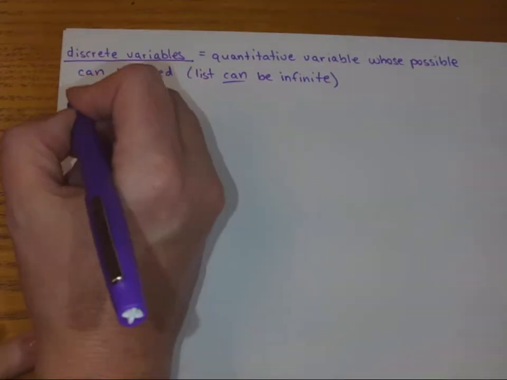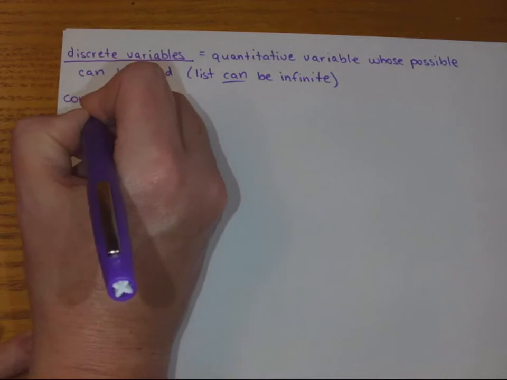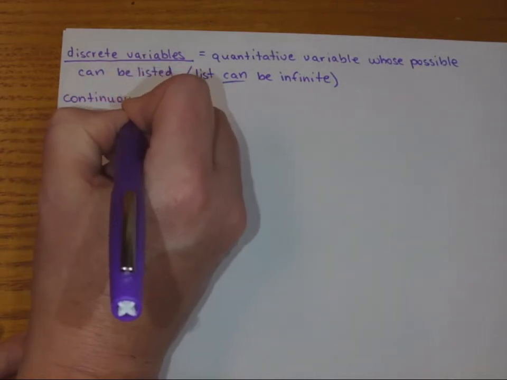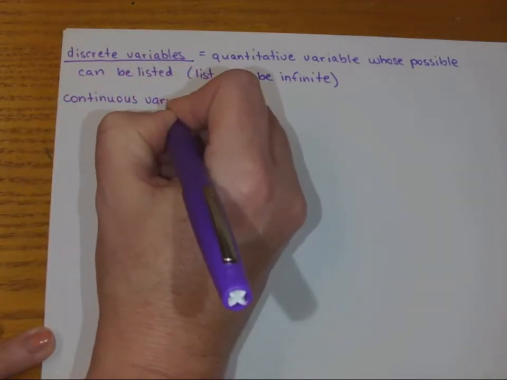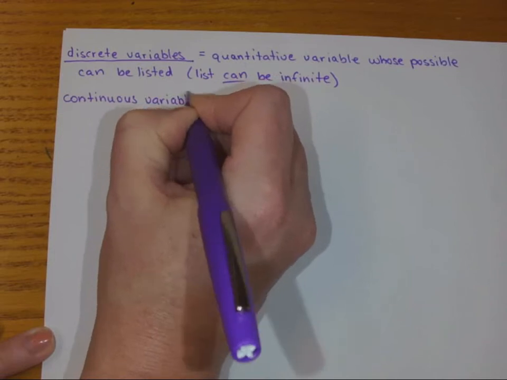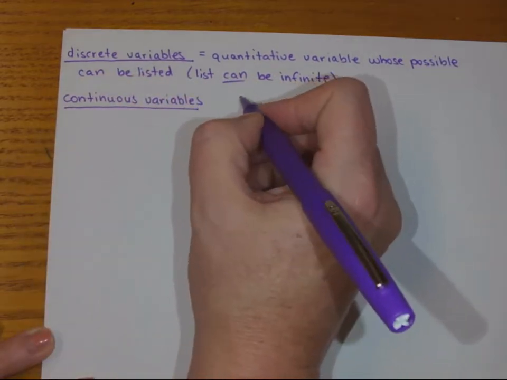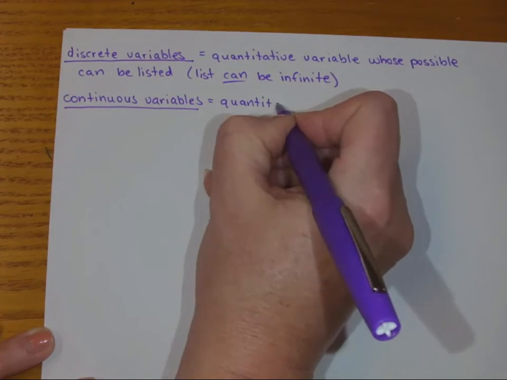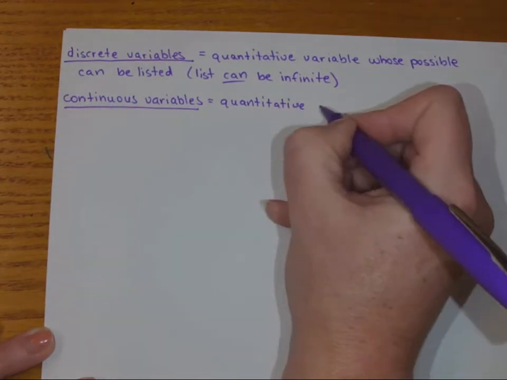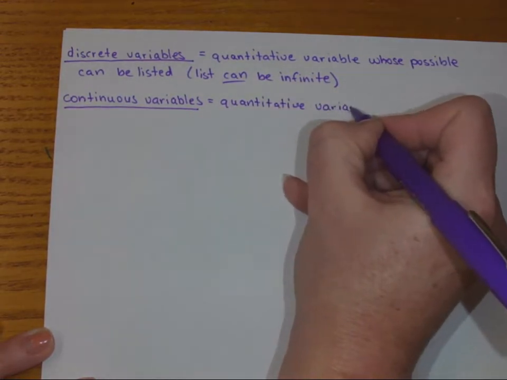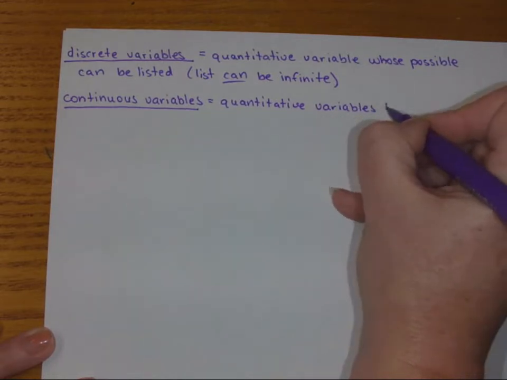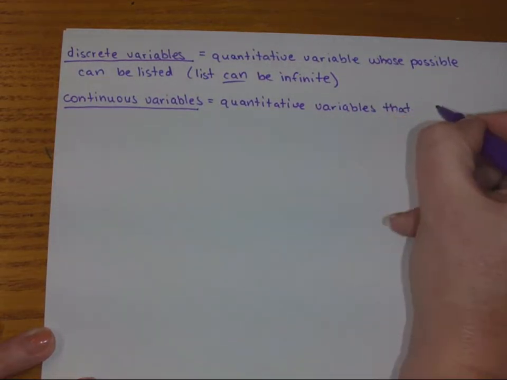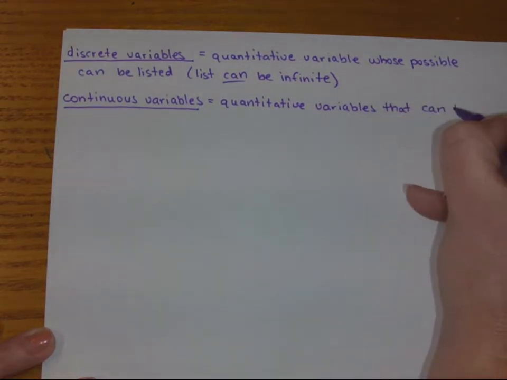And so that is the opposite of the other type of quantitative variable called a continuous variable. So continuous variables are again quantitative. They're number-based. But these values can take on any value in an interval.